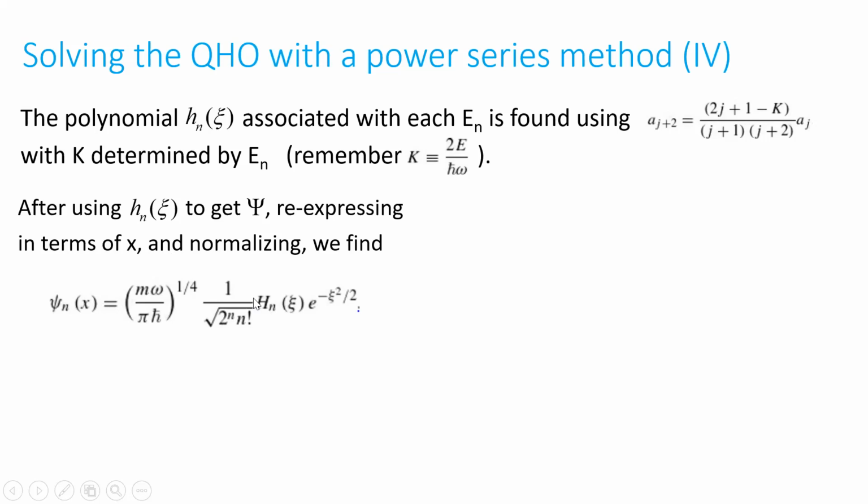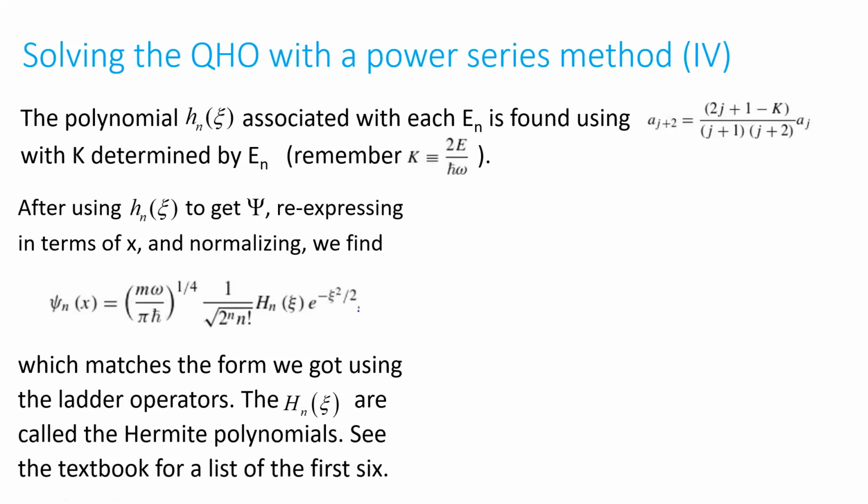This function here is the same as little h_n. It's just multiplied by a constant to make the normalization have a neat formula. So this matches the form we got when using the ladder operators.